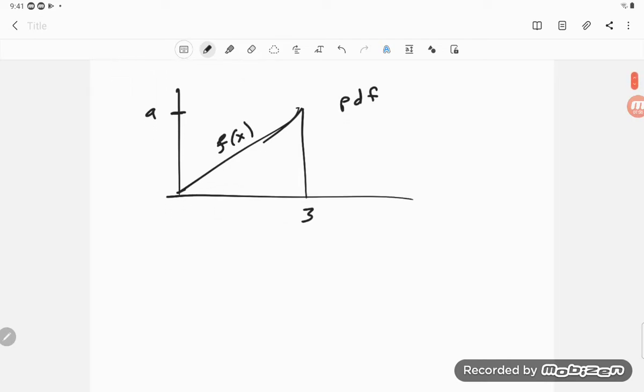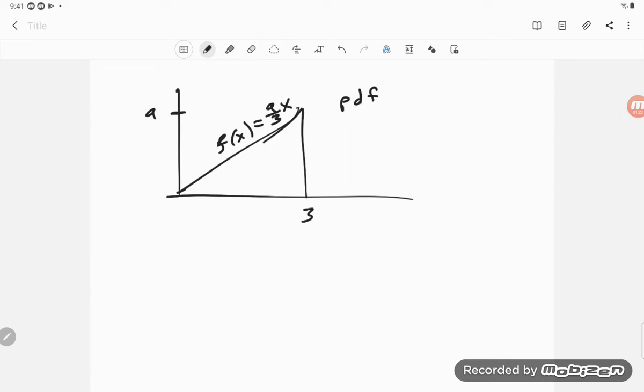Well, what I know is, in this case, I could write this as, what's the slope here? It's a over 3, right? So a over 3x.